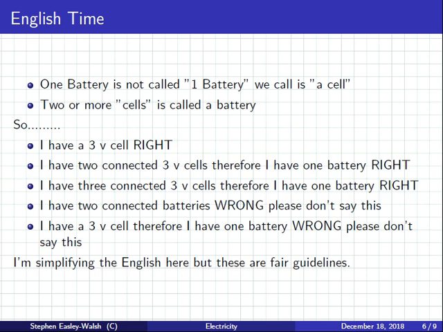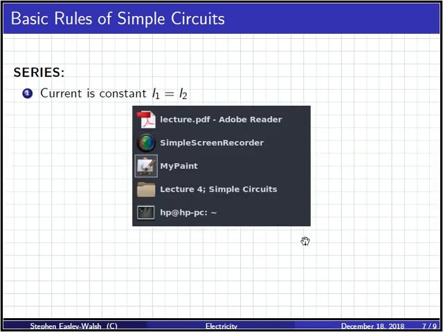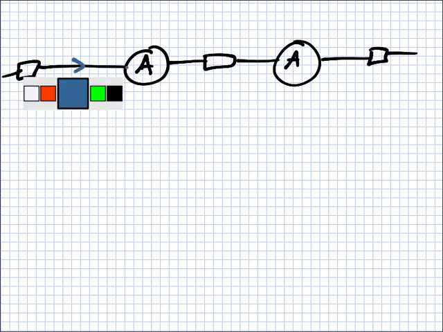Okay. So, here are some formulas. Current is constant: I1 equals I2. What I mean is, if you have an ammeter, and even if you have another resistor, and then another ammeter, and another resistor here, and so on, the current is always the same.